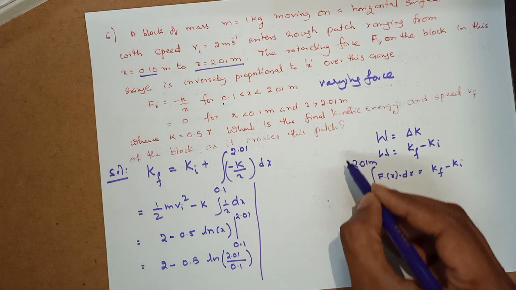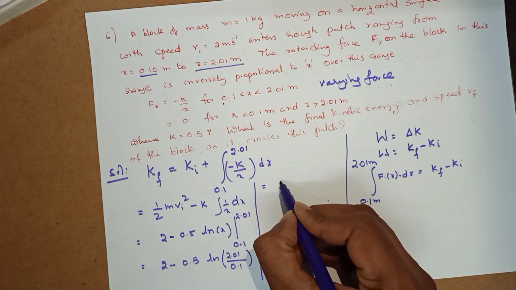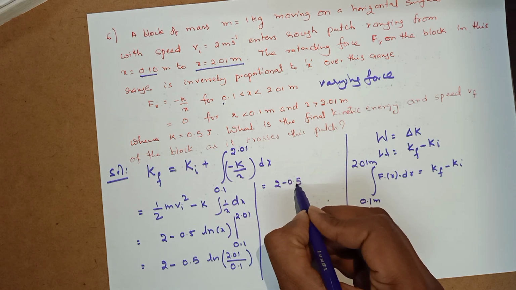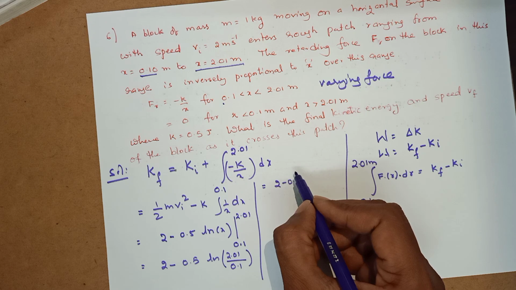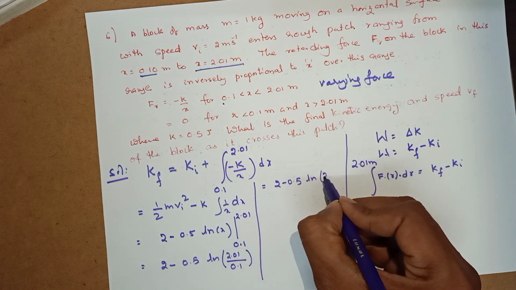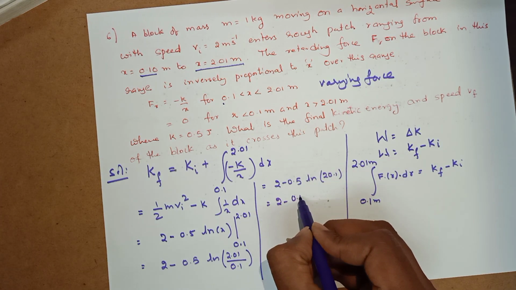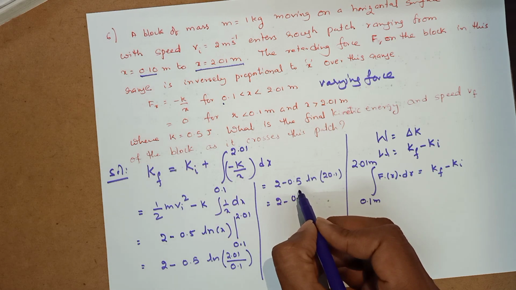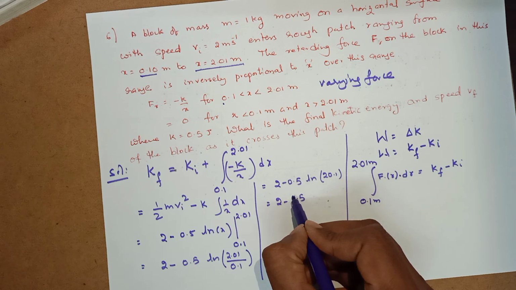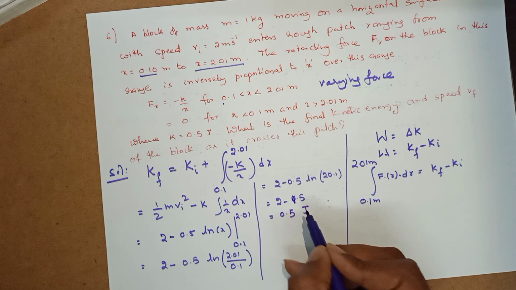So now 2 minus 0.5 ln of 20.1. If you calculate it, ln of 20.1 is about 3, so this is 0.5 joules.